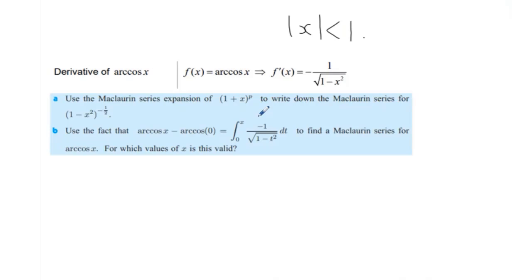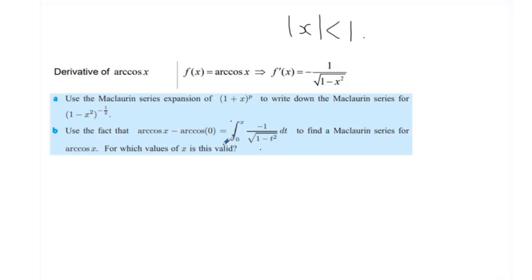Okay, so I'm just showing you an extract from the formula book, the derivative of arc cos x. If f of x equals arc cos x, then f dashed x equals minus 1 over the square root of 1 minus x squared. So if I was to integrate minus 1 over the square root of 1 minus x squared with respect to x, well, that's going to get me back to arc cos x. So what we have is minus 1 over the square root of 1 minus t squared dt. So that's exactly the same, but with a t. And once we put the x and the 0 in, we're going to get back to the same place, right?